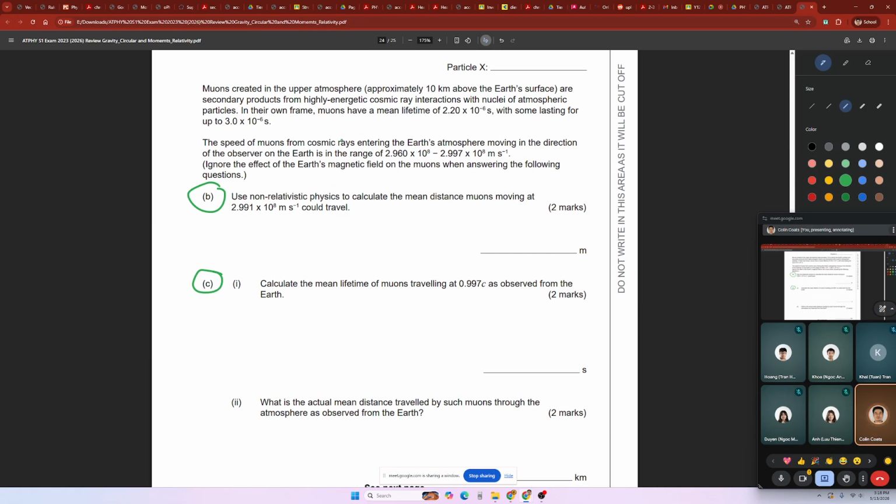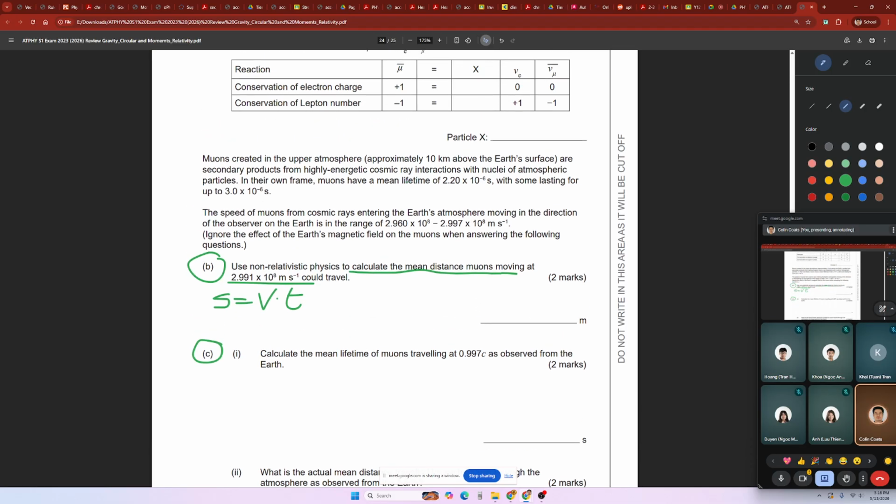Okay, so we read through this. What we got is asking us, what is the non-relativistic physics? Calculate the mean distance that muons moving at this velocity can travel. Okay, so non-relativistic, mean distance, so S equals V times T. Well, I have velocity. Where's my time?